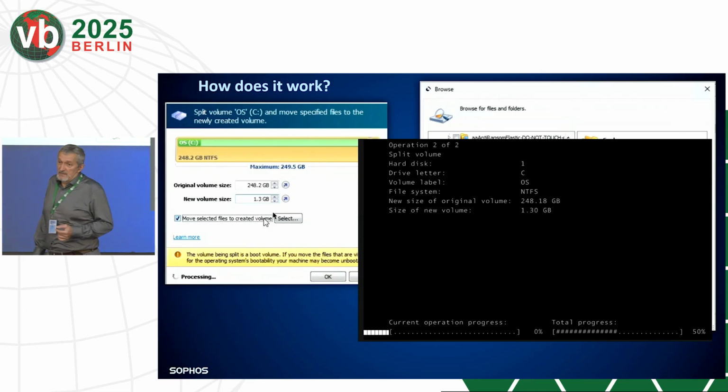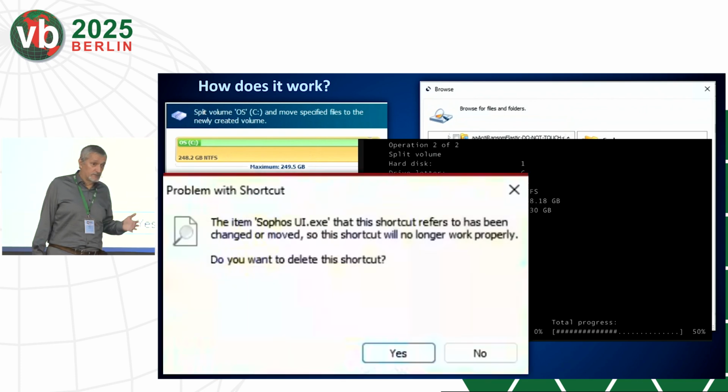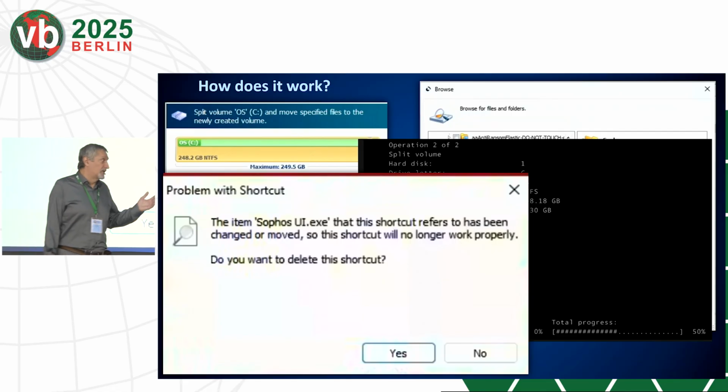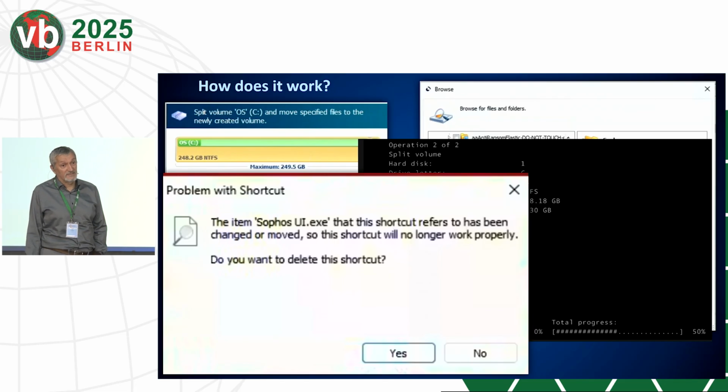The kernel driver of this management solution loads early in the process before our protection drivers could be activated, creates a new partition, moves the files, and at the end of the reboot process, our protection is not running because all the components are moved to the new volume, and all the shortcuts and registry settings are still pointing to the original location of the old volume. So nothing was stopped, nothing was killed. The protection was disabled at the end.